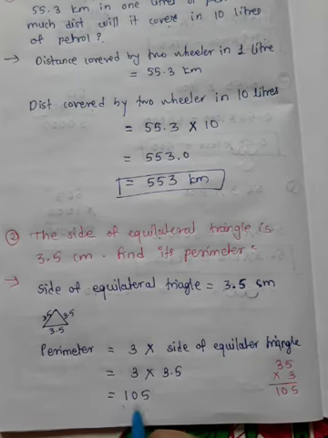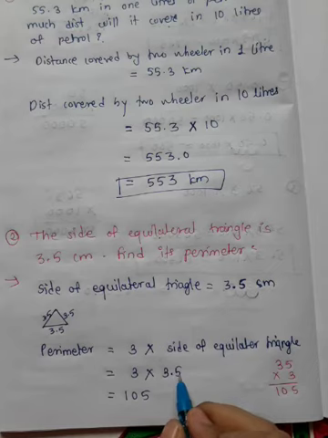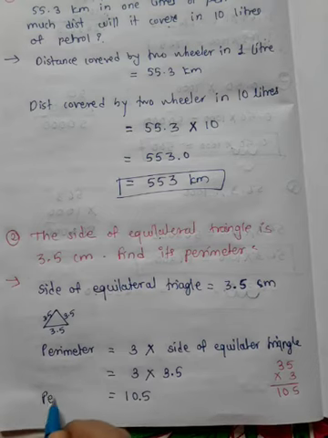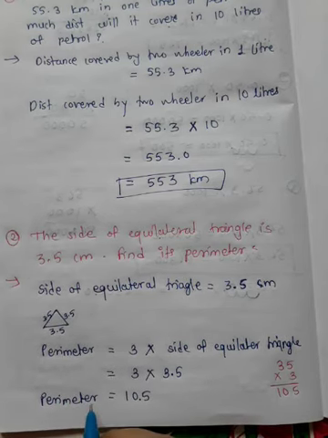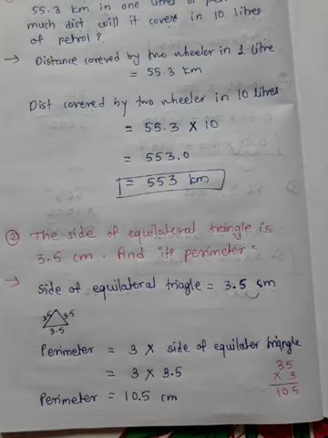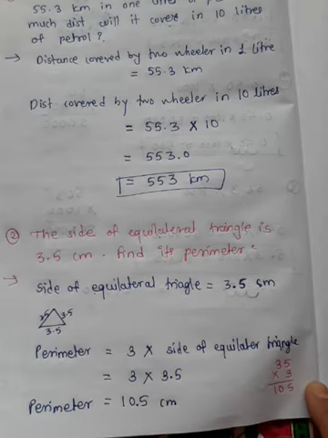Now in the obtained product, after the decimal point there is 1 digit, so put the decimal point before 1 digit in the product. So the perimeter of the equilateral triangle is 10.5 and the unit is centimeter. So in word problems you have to use multiplication of decimal numbers by decimal numbers, by whole numbers, by 10, 100, etc.